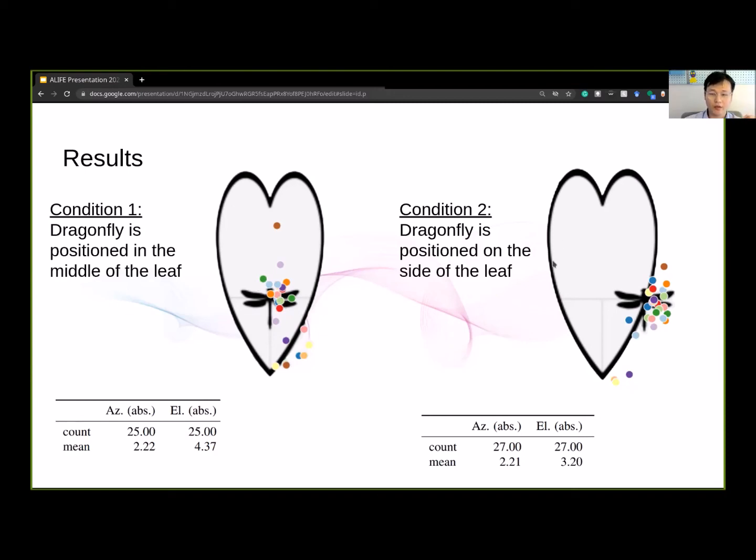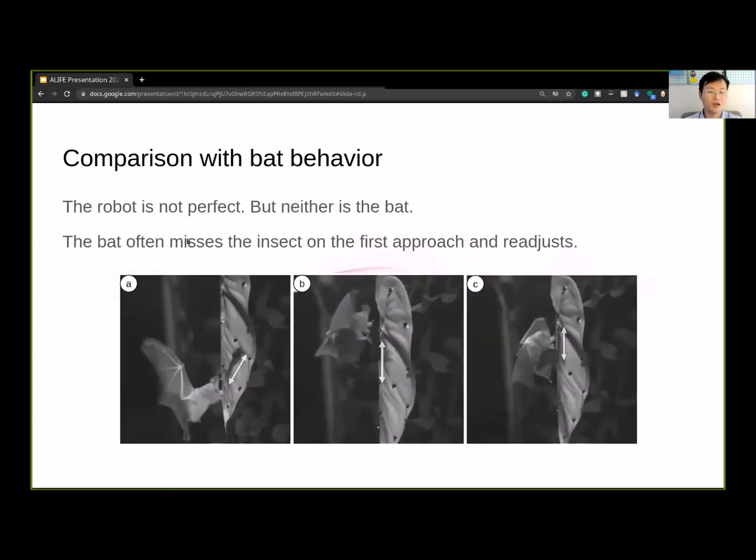So we run another trial with the dragonfly on the edge of the leaf. By doing so, we can confirm that our algorithm is robust. It's not just trying to find the middle of the leaf and cheat through the system.